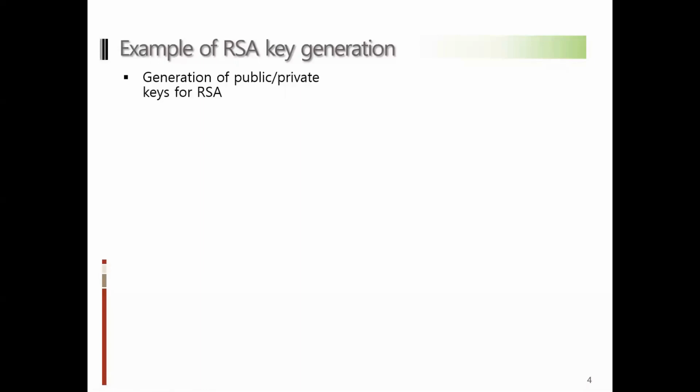Now let's get back to the mathematics of the RSA key generation. As I mentioned, the RSA key generation first starts with selecting two large prime numbers. Because these prime numbers will be very large and randomly chosen, there is no way you can guess what these two prime numbers will be.